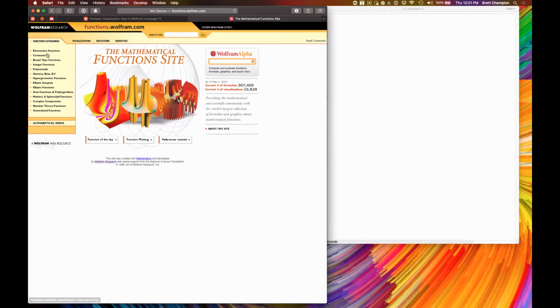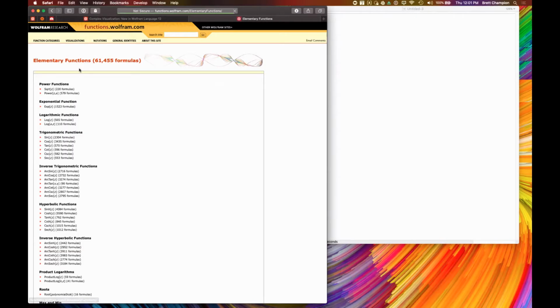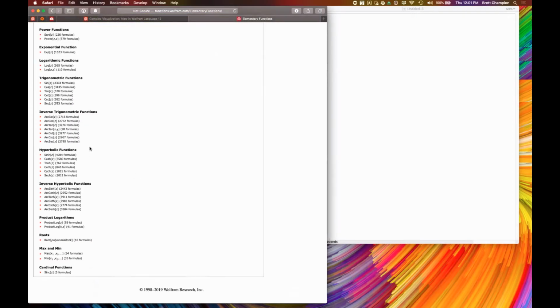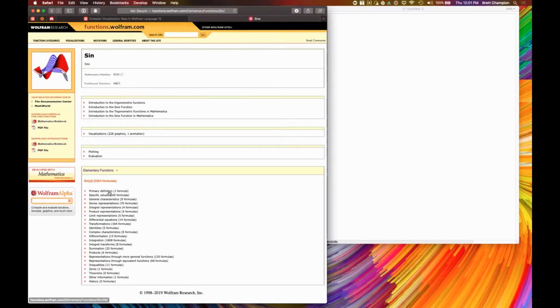So, as a brief aside, if I look at elementary functions, say sine, we have definitions and integral representations and all sorts of things. If we look at representations through equivalent functions, related functions, let's look at things involving cosine.